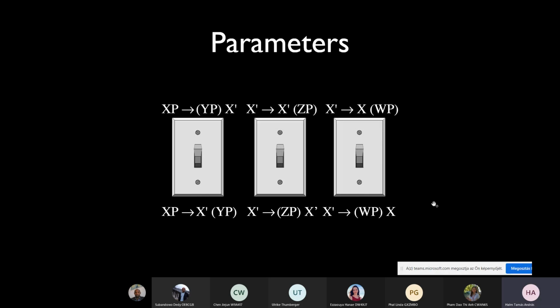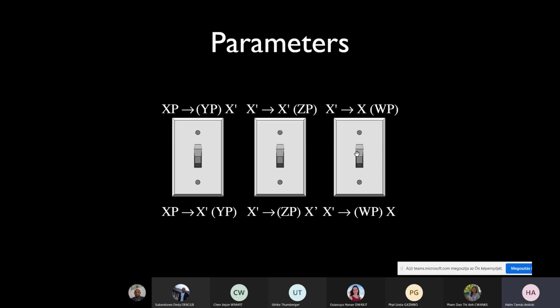So for example, when an English baby listens to English spoken in her home, she will learn sooner or later that in English a complement comes after the head, and she will set the switch accordingly.